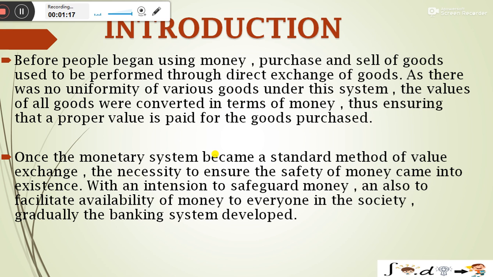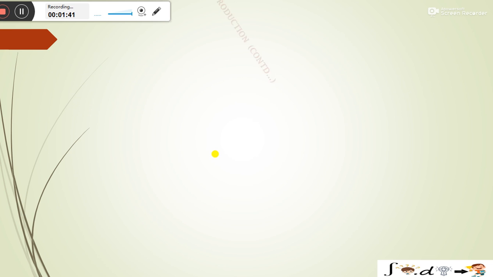Once the monetary system became a standard method of value exchange, the necessity to ensure the safety of money came into existence, with an extension to safeguard money and also facilitate availability of money to everyone in society. And gradually the banking system developed.